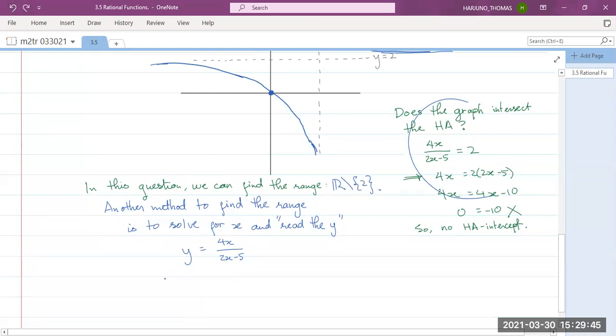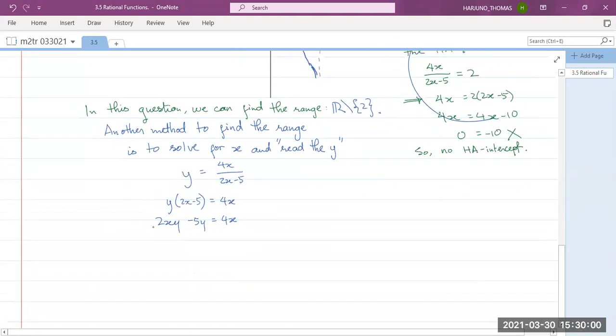Multiply by the denominator: y times (2x minus 5) equals 4x. 2xy minus 5y equals 4x. I will move the 4x to the left-hand side and 5y to the right-hand side. Factor the 2x. So x equals 5y over 2 times (y minus 2).